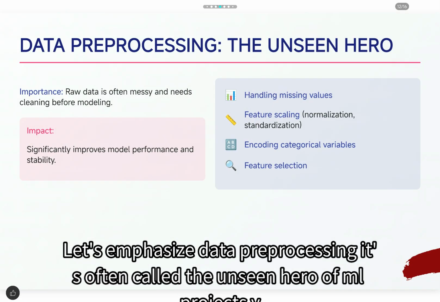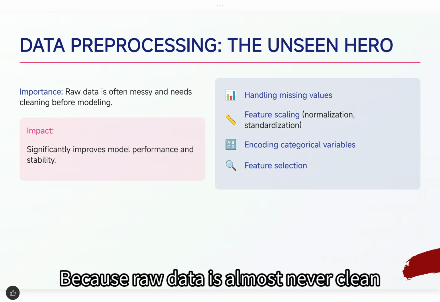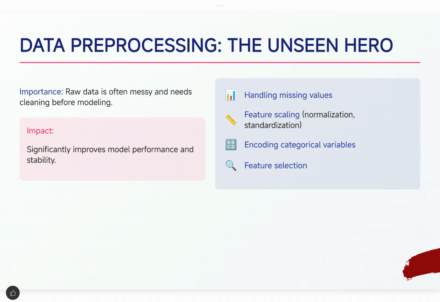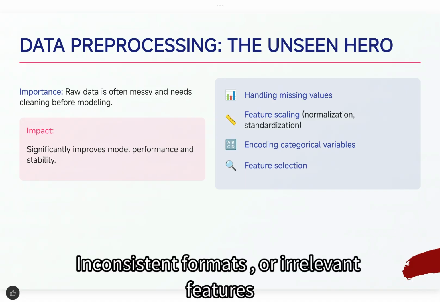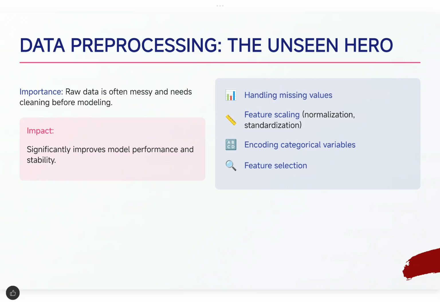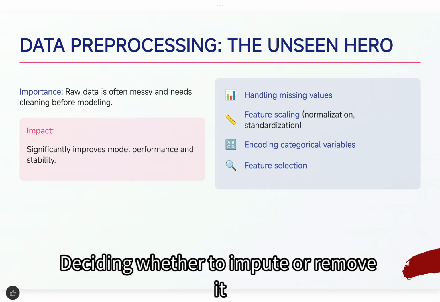Let's emphasize data pre-processing. It's often called the unseen hero of ML projects. Why? Because raw data is almost never clean. It might have missing values, outliers, inconsistent formats, or irrelevant features. Handling missing data, deciding whether to impute or remove it.